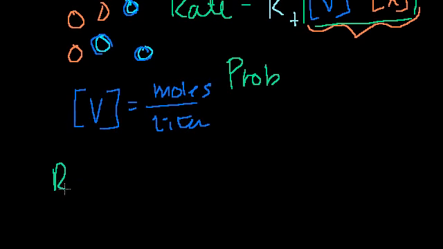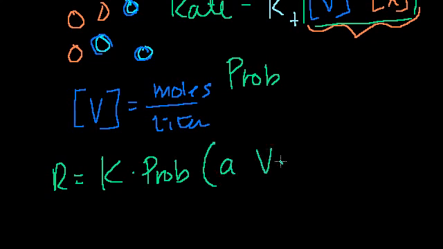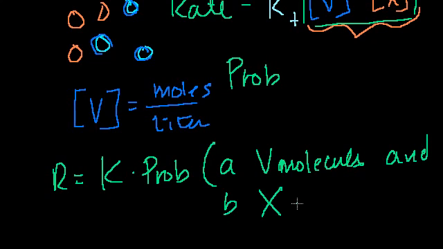The rate is equal to some constant that takes into account the temperature and the molecular configurations times the probability of having A V molecules and B X molecules in a sufficiently small area all at the same time.